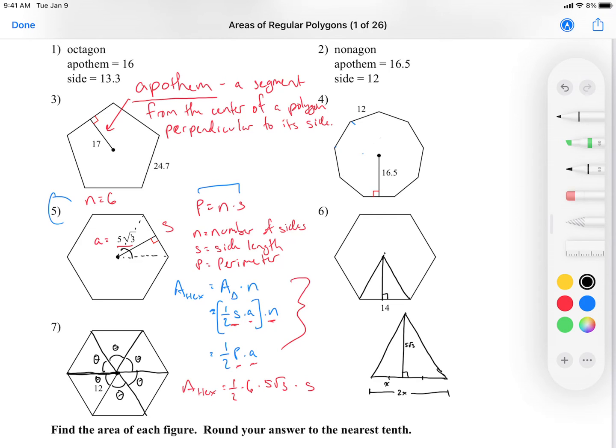And what do they all equal? 12? How do you get 12? Oh, no, 12 is the length of this side right here. We're trying to find theta. How would I find that?